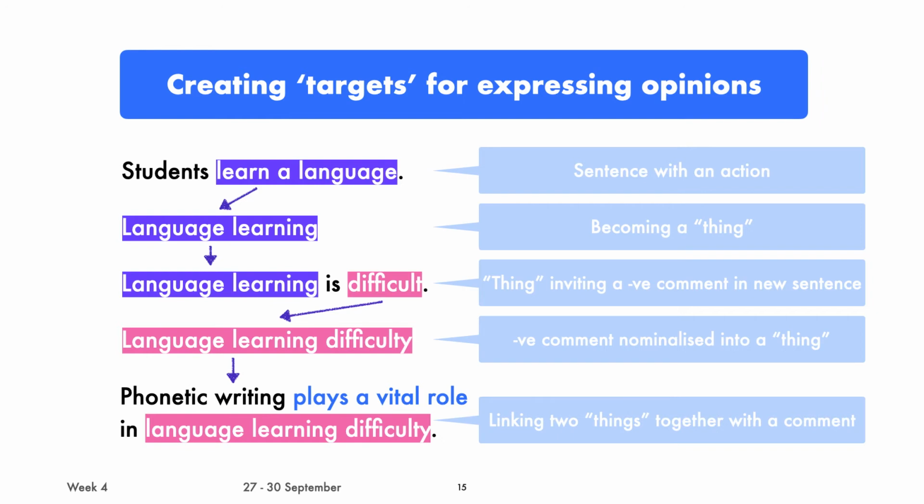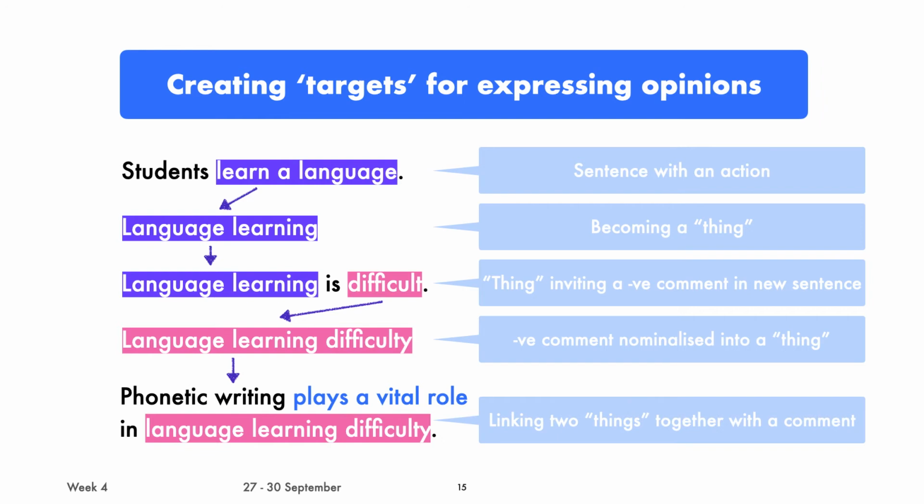So here is a very simple example about you guys when you learn a language. The original sentence goes with an action: students learn a language. And you can actually pack it into language learning. So the action, learning a language, becomes a thing, a topic. Saying thing is actually quite vague, right?